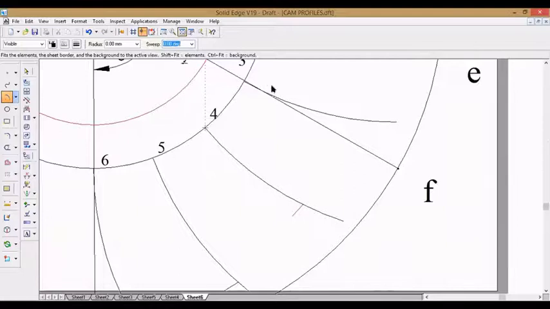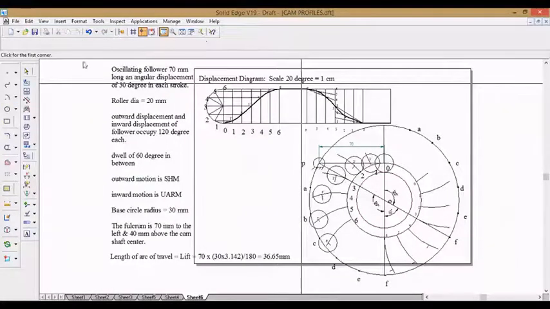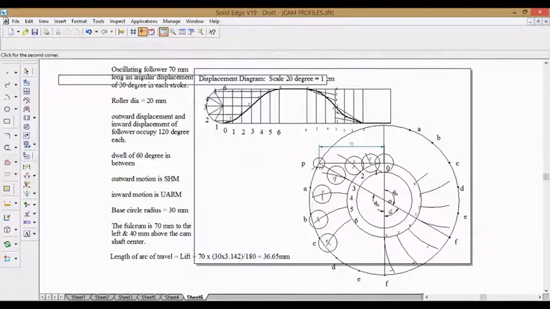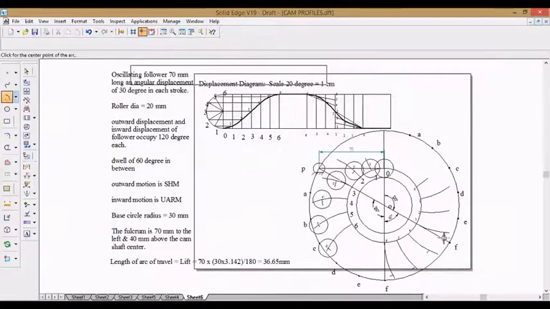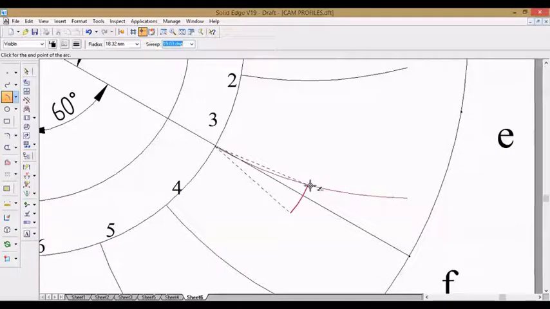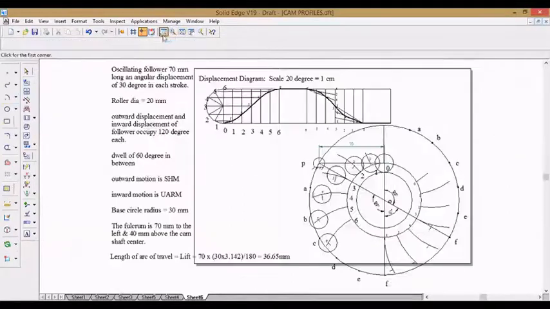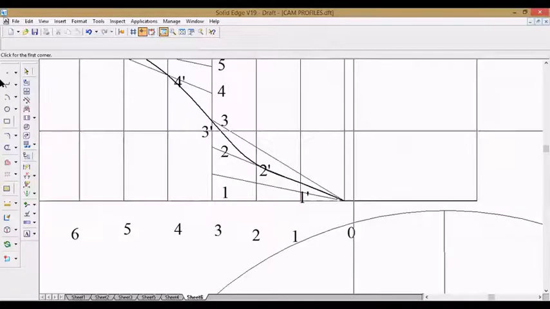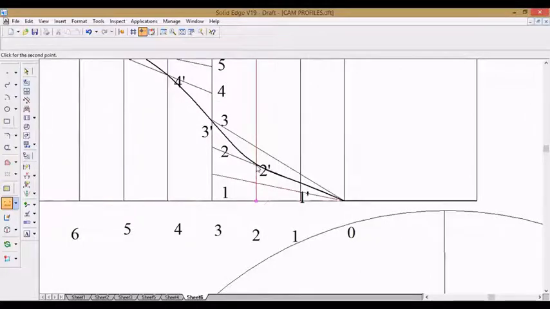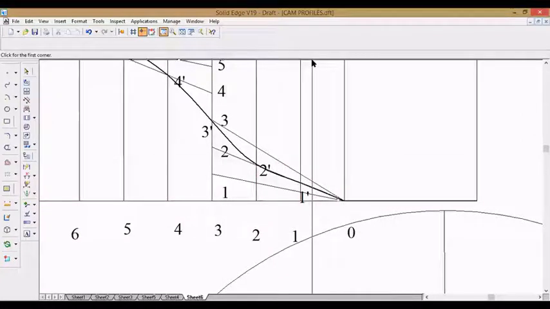3 to 3 dash, it will be 36.65 divided by 2. The measurement we can easily get off the lift actually. Then 2 to 2 dash is 8.03.